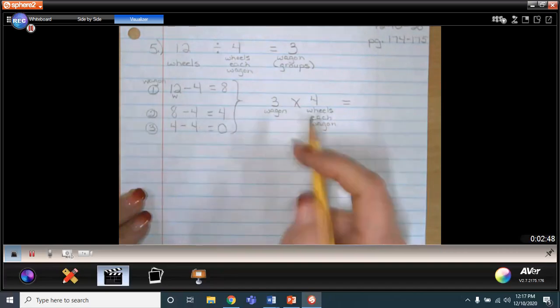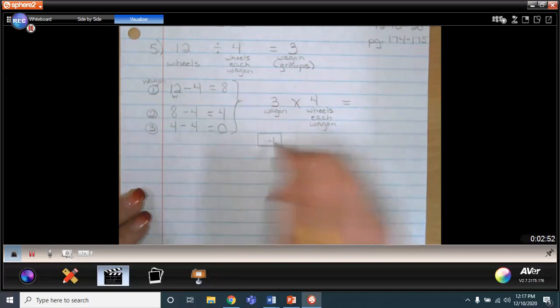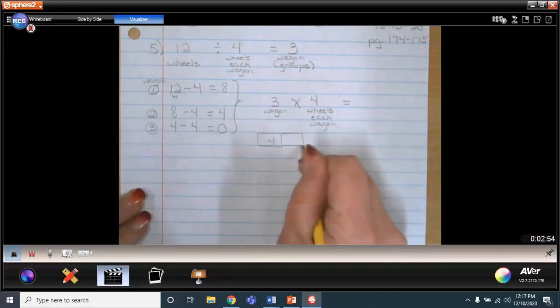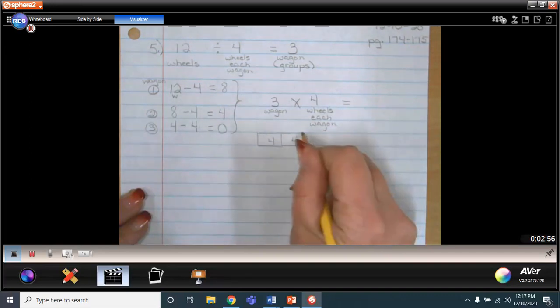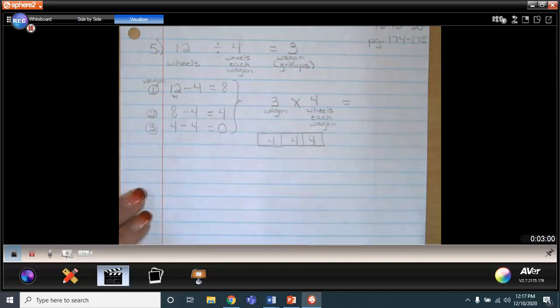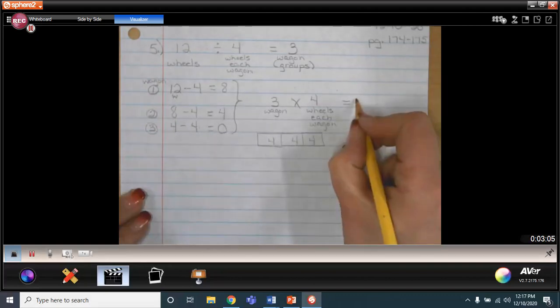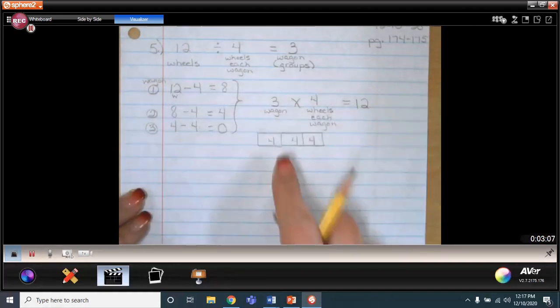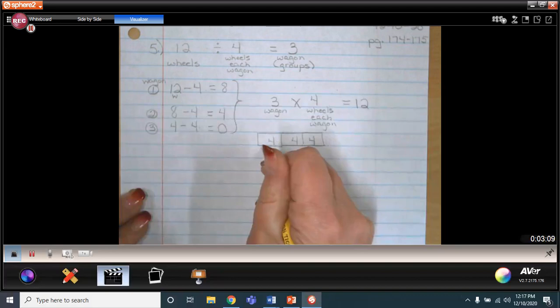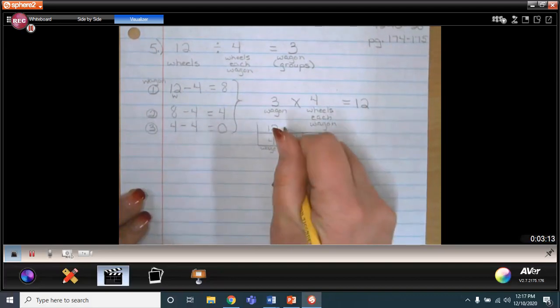So, if I were to draw this out, there's a wagon with 4 wheels, another wagon with 4 wheels, that's 8, and another 4 wheels for that wagon. 4 plus 4 is 8, plus 4 more is 12. So each one of those is a wagon, and my total is my 12 wheels.